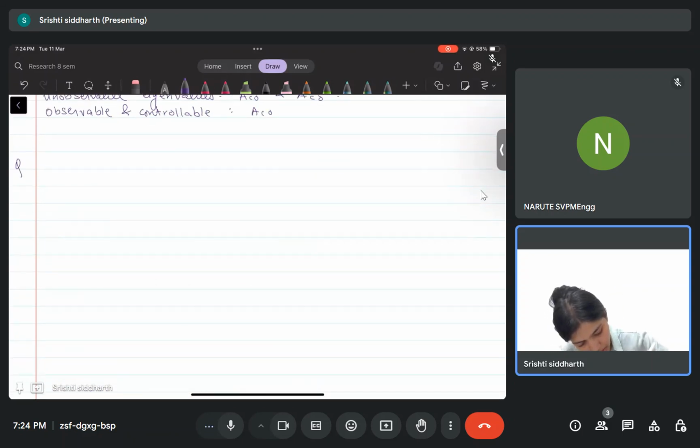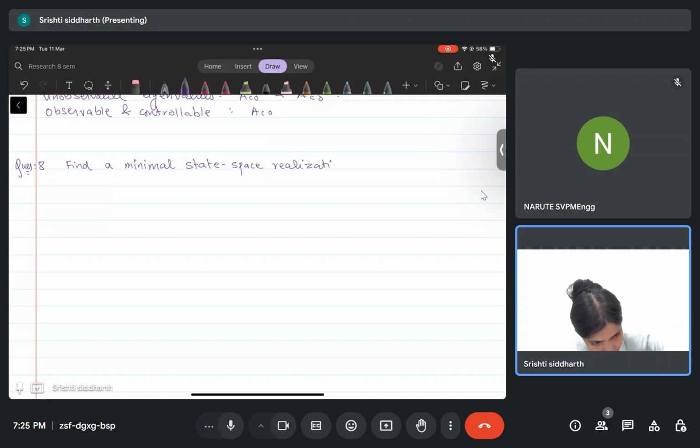Question 8 is to find a minimal state space realization of the following transfer function matrix.